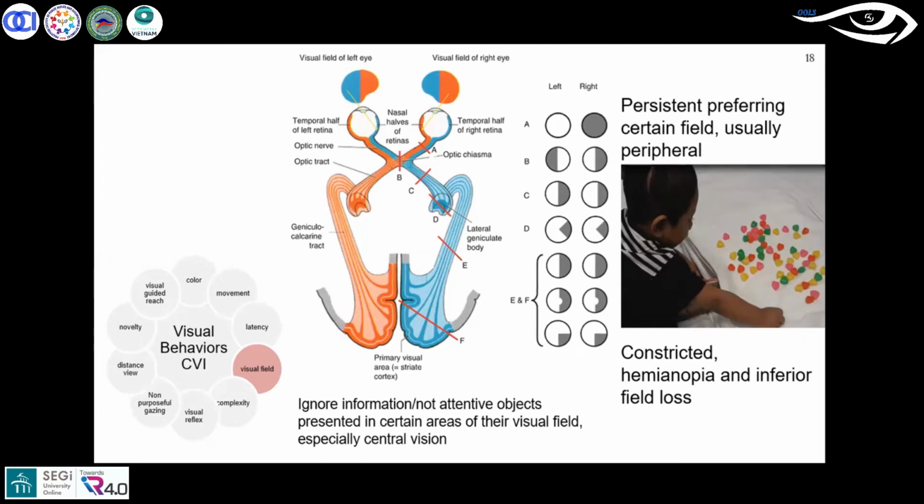For this child example, he is having a persistent preference on a certain field, which is on the right field only. So when we ask him to pick up the candles in front of him, he will persistently only take those on the right side and just neglect the ones on the left side. So that's how a visual field preference can occur in a child with CVI.